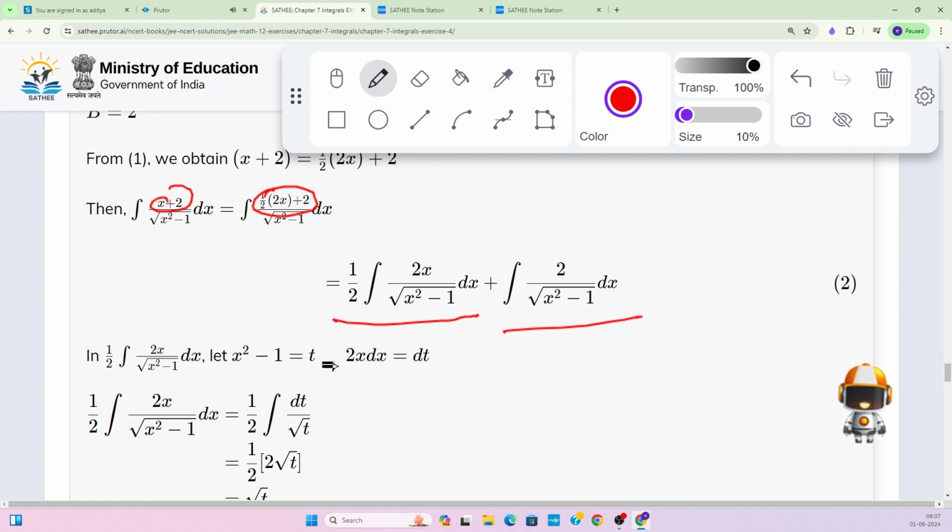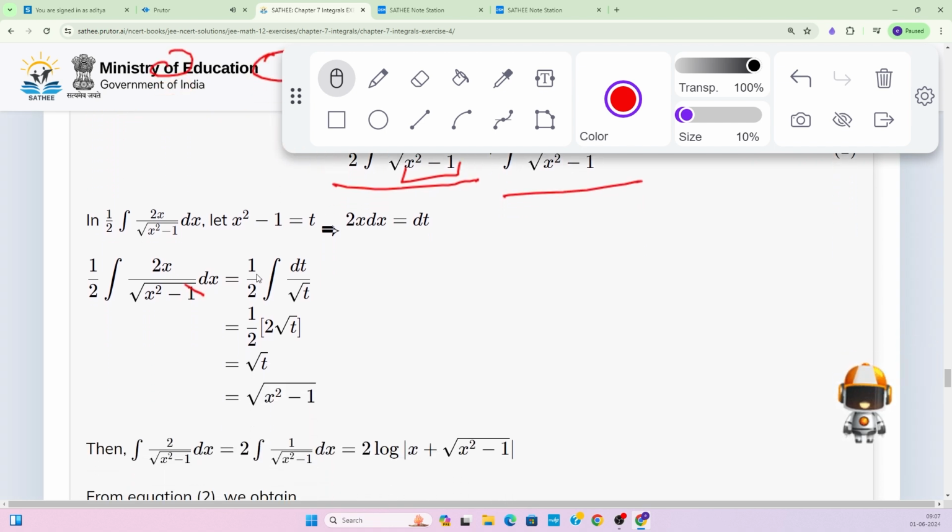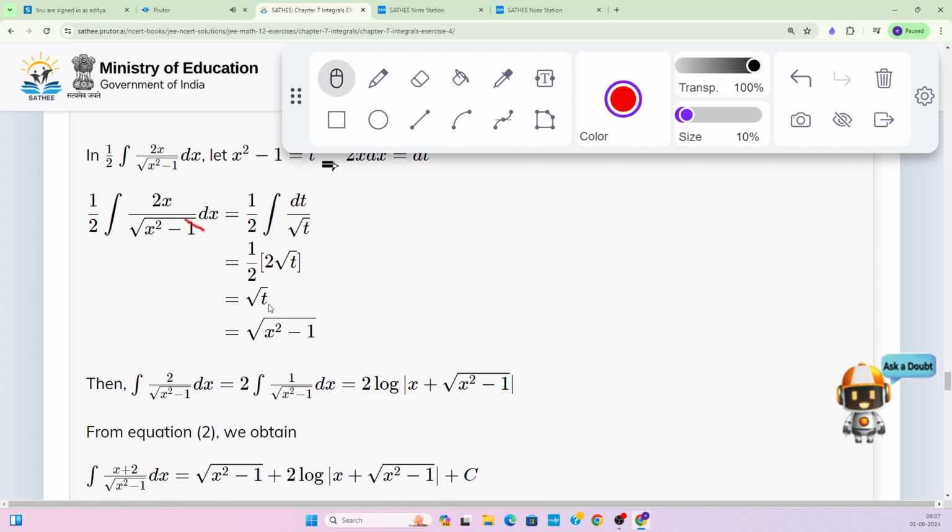Taking x square minus 1 as t, you can directly replace 2x dx in the numerator by just dt, and you will have half of the integral of dt by root t. After simplification this equals root t, and substituting the t value, you get root of (x square minus 1).